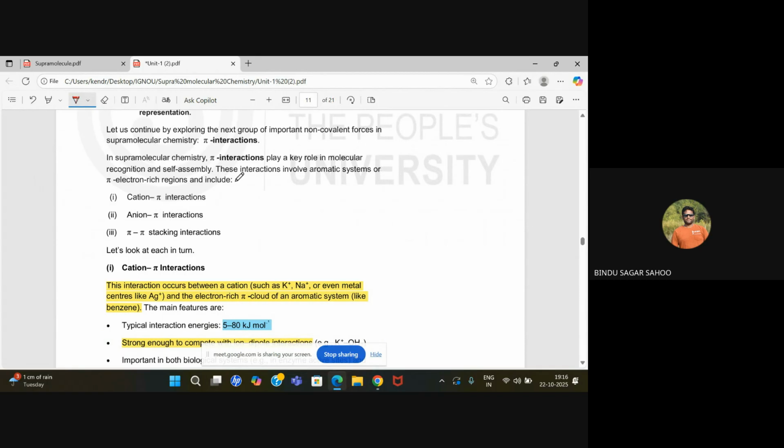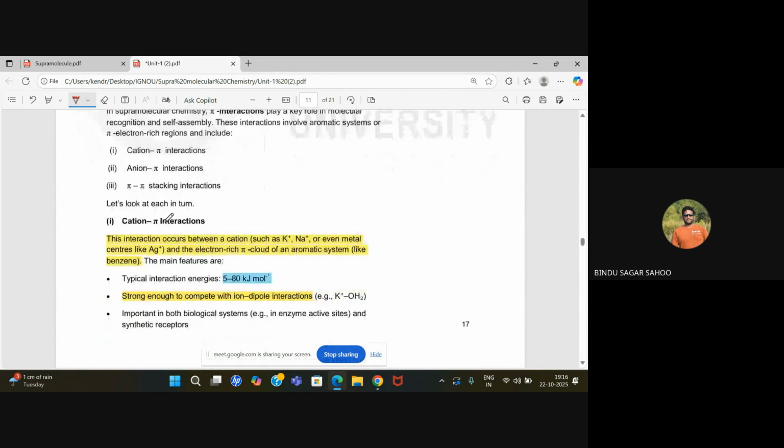So first we will discuss the cation pi interaction. Particularly, this cation pi interaction occurs between a cation, like potassium, sodium or a silver metal ion, and the pi electron cloud of an aromatic system.